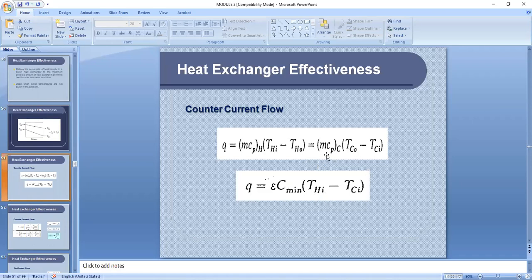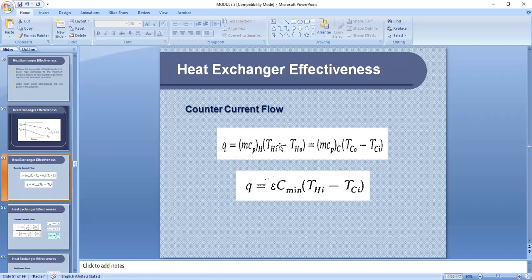Because for the cold fluid, we will have TCI, the inlet temperature, minus the outlet temperature, and it would be negative. So if you don't interchange these two, you should have a negative written before the formula. If not, then this is how it should be written. That way, you're just equating values; you don't account for the signs. Missing the negative sign will make you get the wrong fourth temperature.